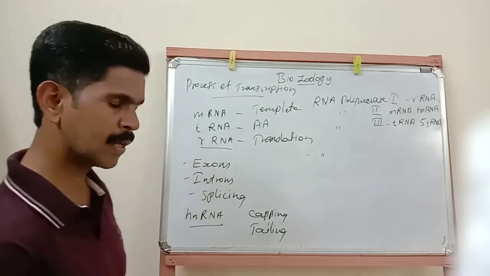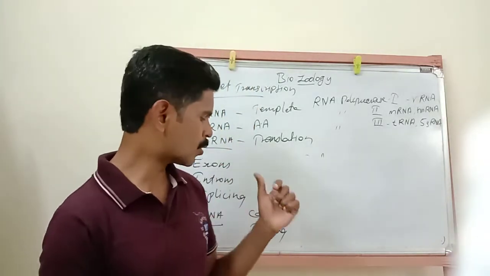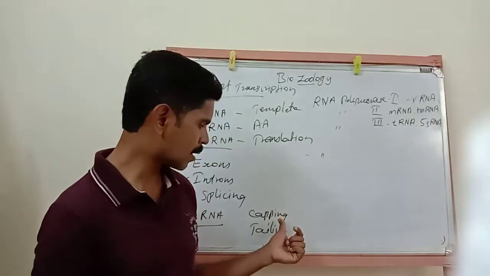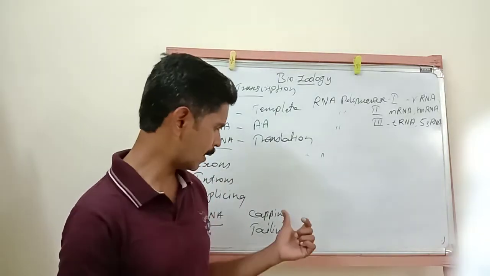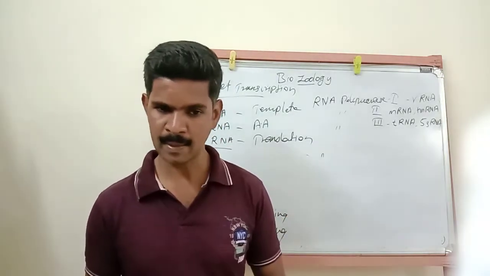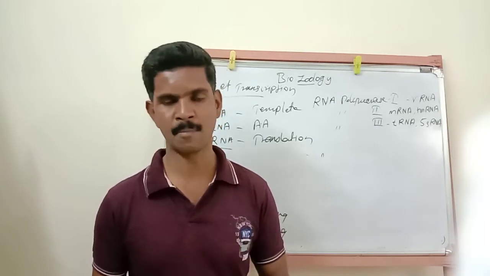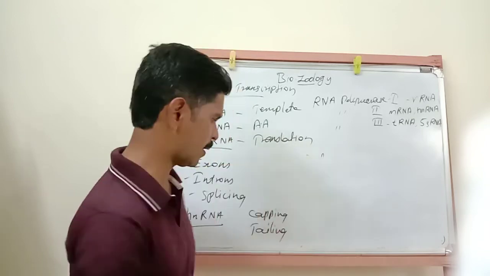Listen to the last point very carefully. In hnRNA, there are two additional processes. The names of these additional processes are capping and tailing. Here, capping means adding of one triphosphate, methyl guanosine triphosphate.